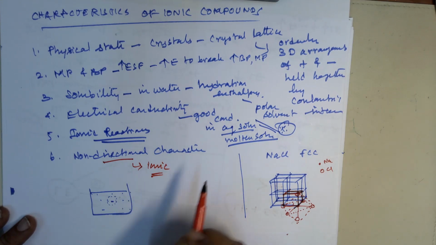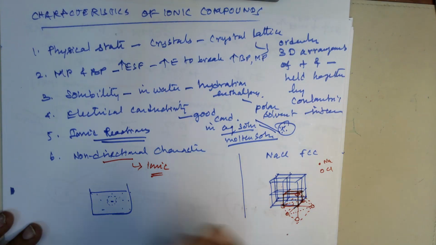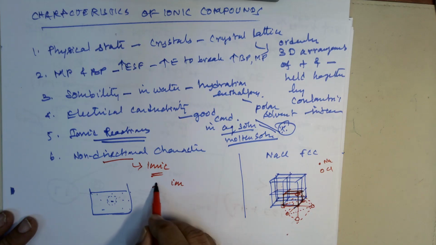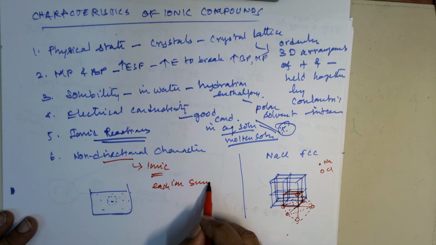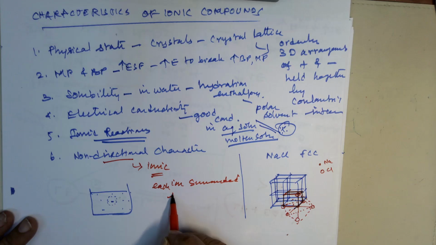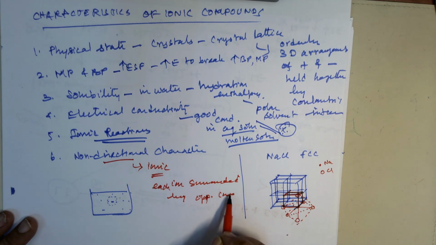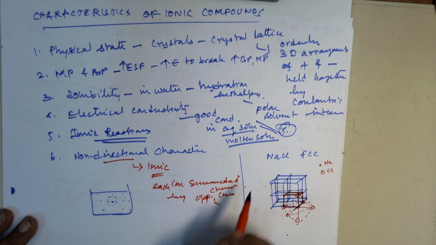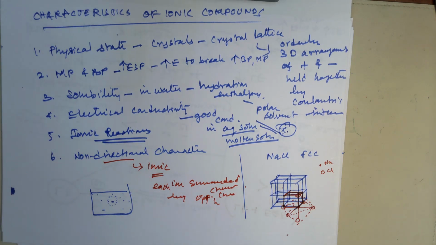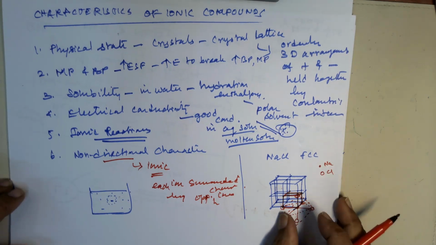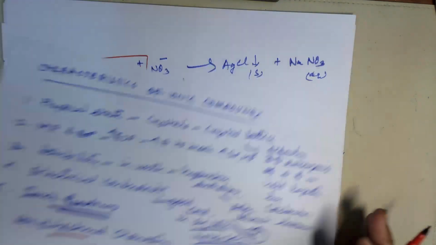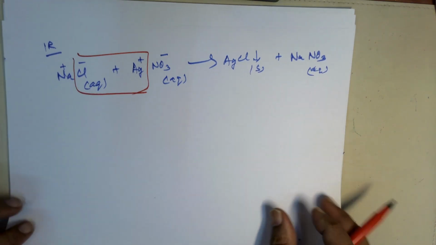Ionic bonds are non-directional because each ion is surrounded by oppositely charged ions. So the charges are distributed almost around the ion. So in this case, they are totally neutral because number of cations is equal to number of anions here.